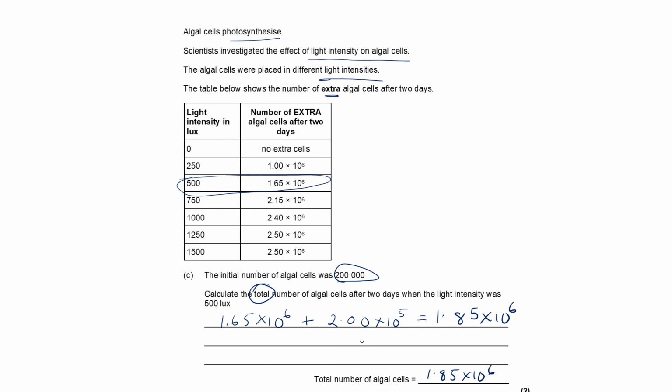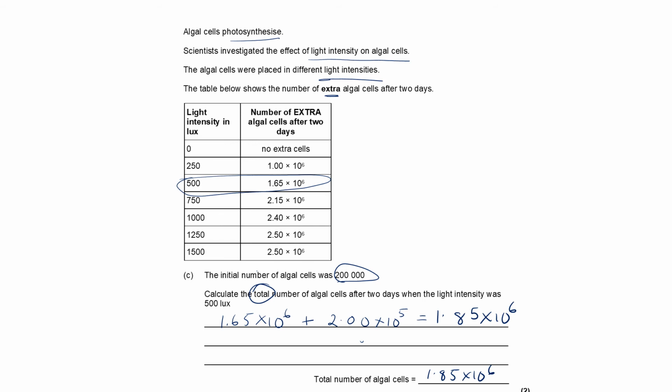And then it says the initial number of algal cells was 200,000, and that I have to calculate the total number of algal cells after 2 days when the light intensity was 500 lux. So straight away, I'll go to the table to the 500 lux and I highlight the corresponding extra algal cells after those 2 days, and I write that down.